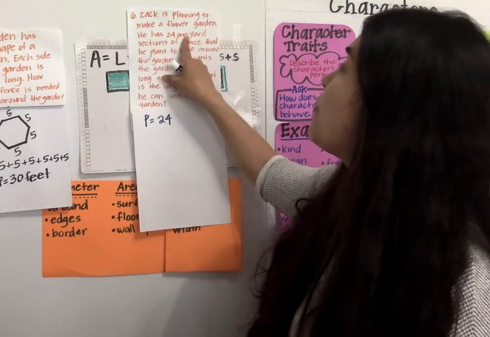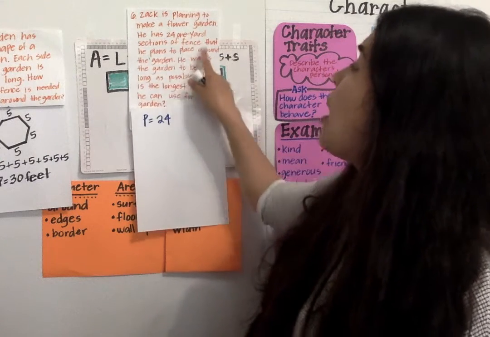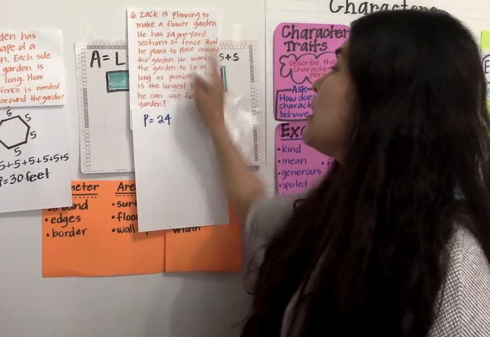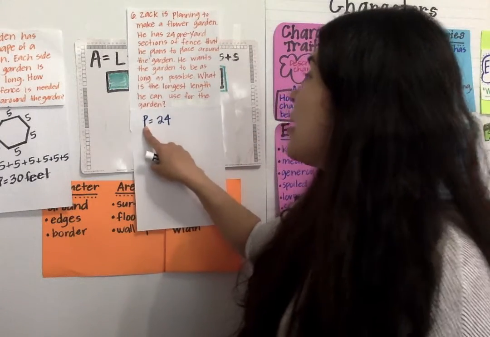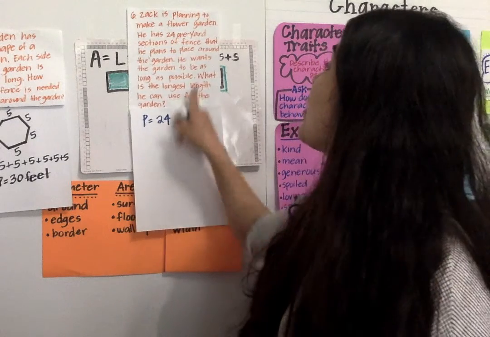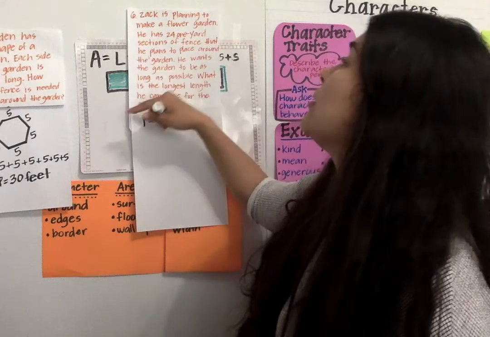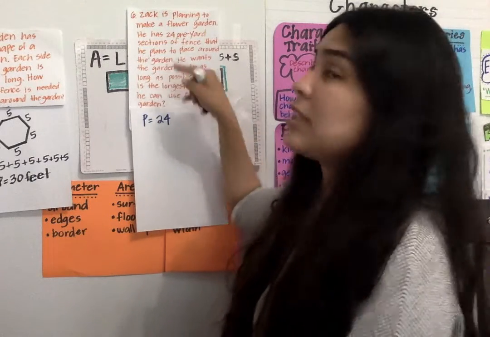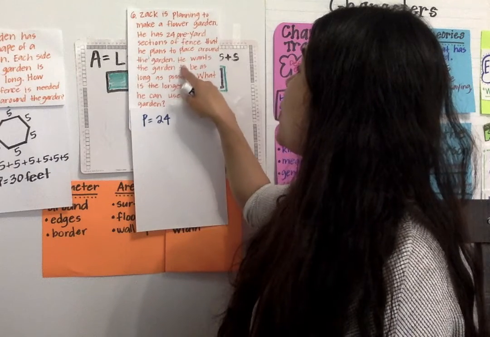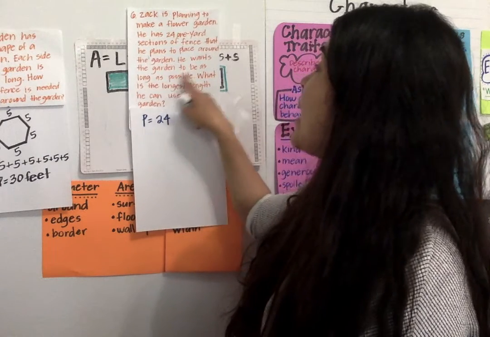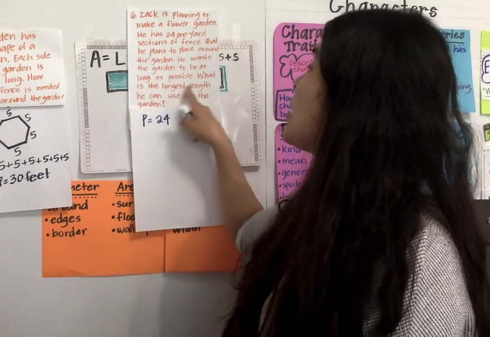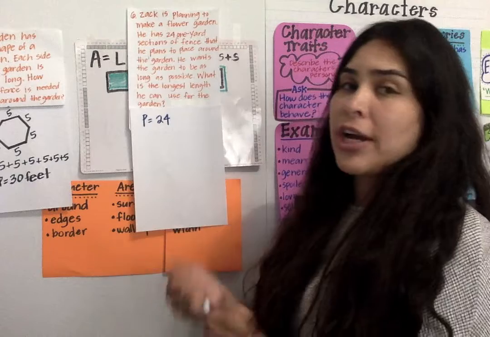Okay, so 24 one-yard sections around the garden. So this tells me that the perimeter is 24. Okay, so I'm going to keep reading and see what other information I find. He wants the garden to be as long as possible. What is the longest length he can use for the garden?